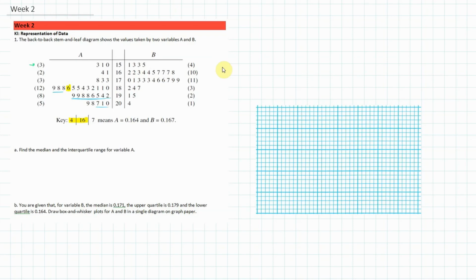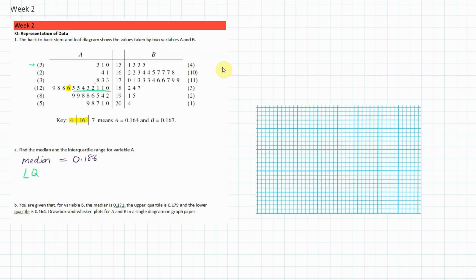And then 5 here, 11 and 5 is 16. So perfect, we're right in the middle there. So that's our median for A. The median is equal to 0.186.